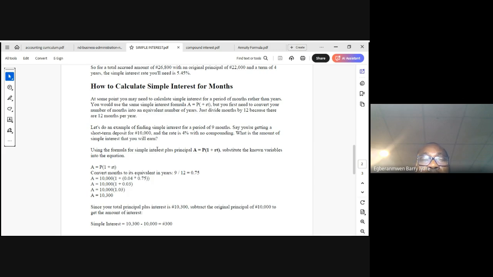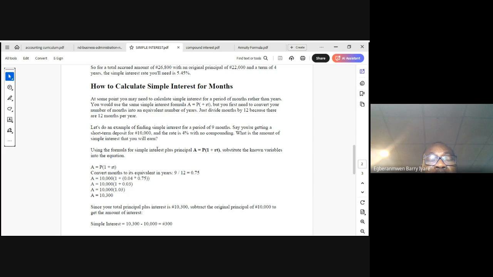So we'll now substitute everything into the formula. In place of P, we put 10,000 into 1 plus, in place of R, we put 0.04 times, in place of T, we put 0.75. When we do that, the last line there is A equal to 10,000 into 1 plus 0.03.